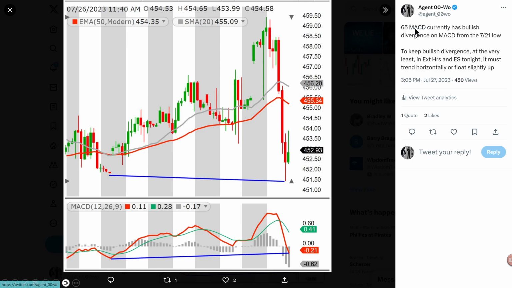There is a 65 minute chart. On the 65 minute, there's bullish divergence. So price made a lower low, MACD made a higher low. Bullish divergence. So I called this out on Thursday. To keep the bullish divergence, ES in extended hours must trend horizontally or float slightly up.